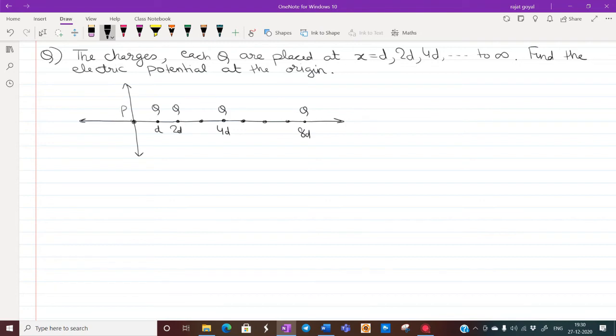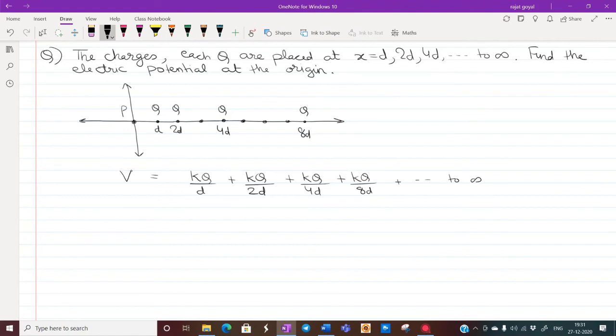So the potential at this point will be the algebraic sum of the potentials due to the individual charges. So it will be K Q upon D plus K Q upon 2D plus K Q upon 4D plus K Q upon 8D, and so on up to infinity.